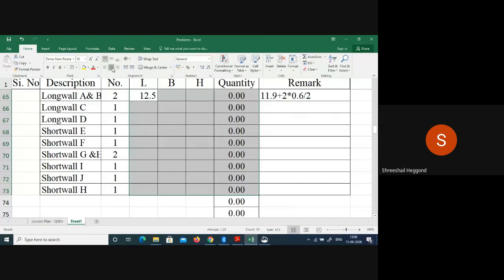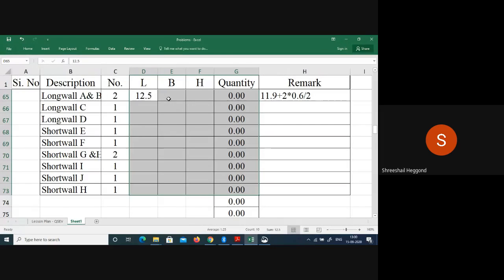At remaining quantities, breadth is 0.6, height is 0.3.